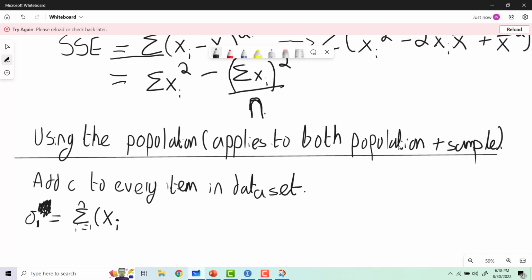But it kind of would apply to the variance as well. So sigma i equals xi minus mu squared all over n. And we're going to take the square root of this.